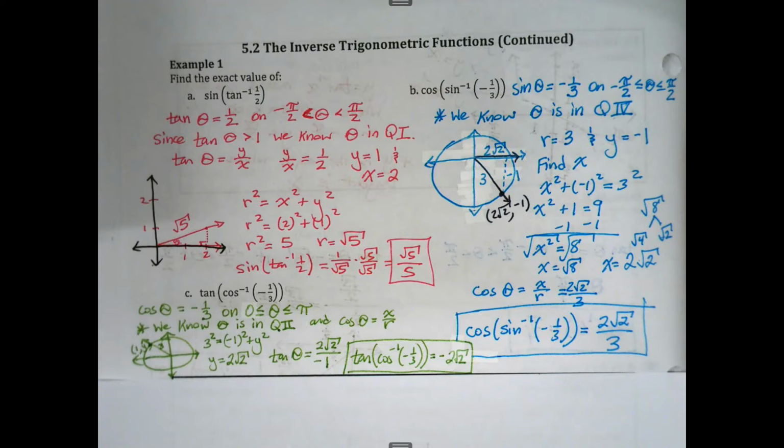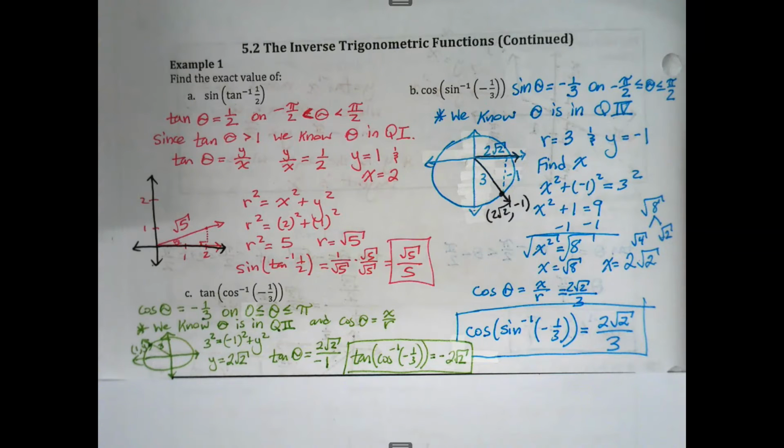So for example C, first you had to utilize cosine. We know that inverse cosine is on the interval from 0 to pi, and so therefore cosine of theta has to have a value of negative 1/3 on that interval. And cosine is negative in quadrant number 2.